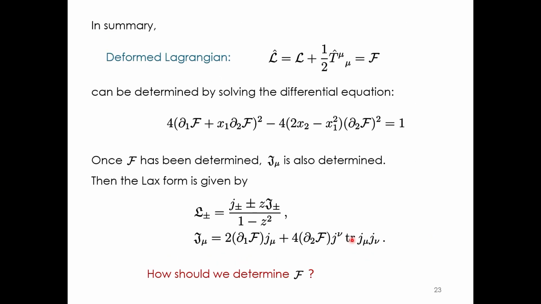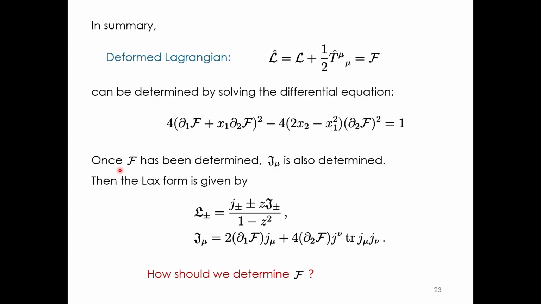Okay, so in summary, the deformed Lagrangian is given by these ones. L hat is F itself, and this can be expressed like this. These are equivalent forms. Then this F can be determined by solving this differential equation. This is nothing but the Courant-Hilbert construction I explained yesterday.